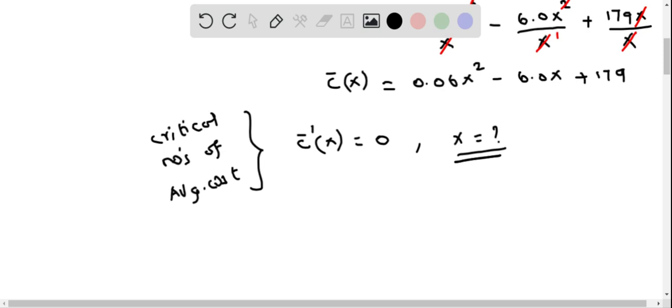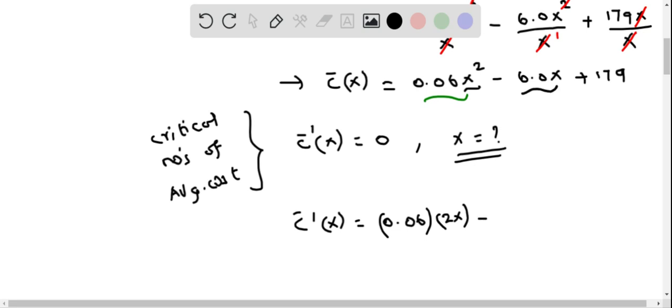First, I'm going to find the derivative of the average cost function. I write down c bar prime of x, and this equals, I find the derivative of each term one by one. The derivative of 0.06x squared is 0.06 times 2x, minus the derivative of 6.0x, where 6.0 is a constant and the derivative of x is 1, plus 179 is a constant, so its derivative is 0.